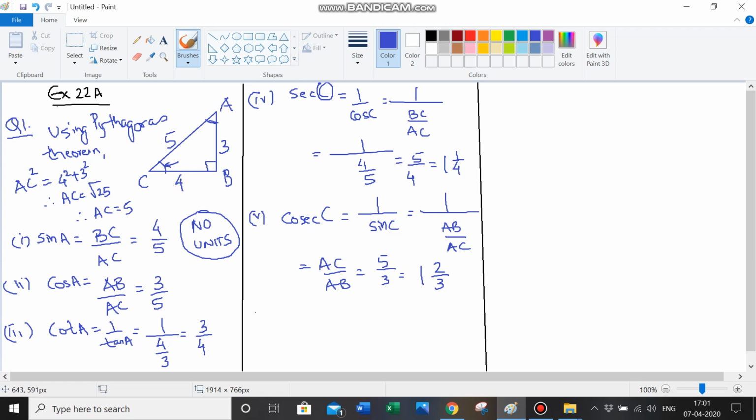Perfect. And then the last part is part 6, which is tan C. Again, the reference angle is C. So tan is perpendicular, which will be AB upon base, which is BC, which is 3 upon 4. Perfect. So now let's move on to question number 2.